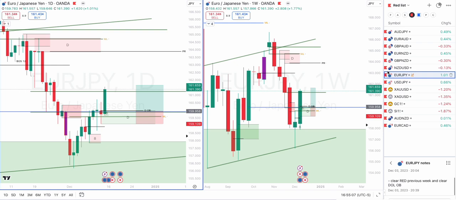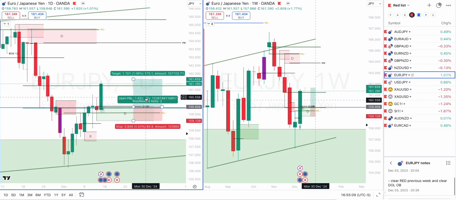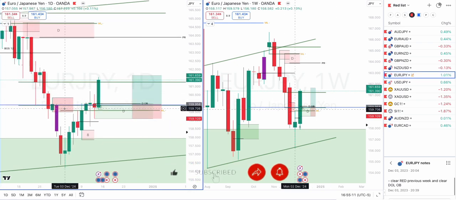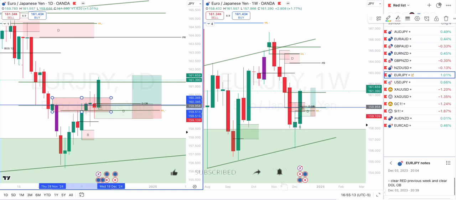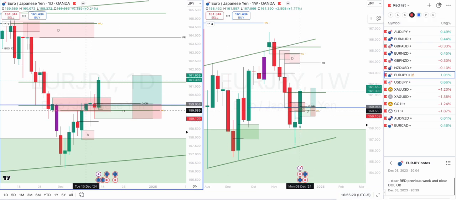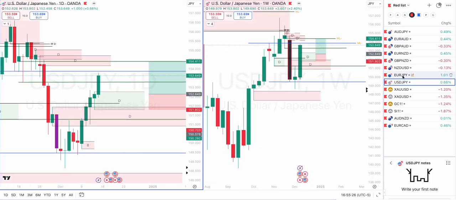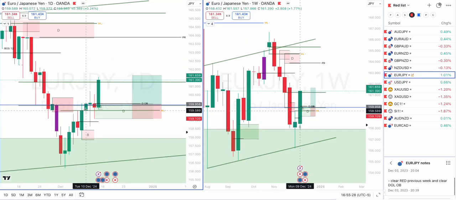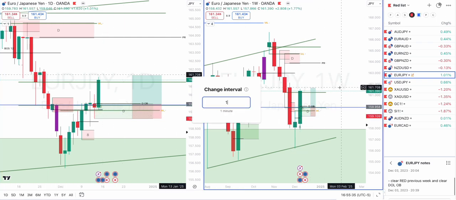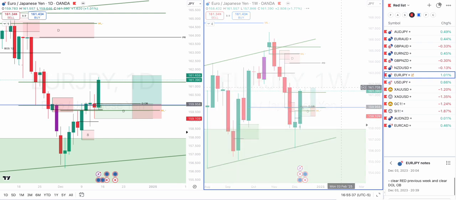So the reason why I was careful about it is, for example, let's look at Euro JPY. This was our supply. What happened with this one? When it entered the supply, there was not much of a strong reaction, right? Let me go to the 4 hour.